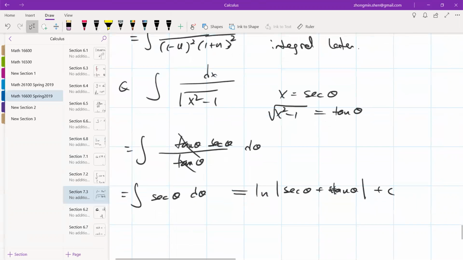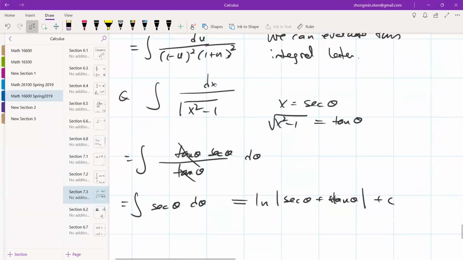If you memorize some formulas, like the integral of secant theta and integral of cosecant theta, then you can write the answer. Secant theta is x, and tangent theta is going to be the square root of x squared minus 1. So the answer will be the log of x plus the square root of x squared minus 1, plus a constant.